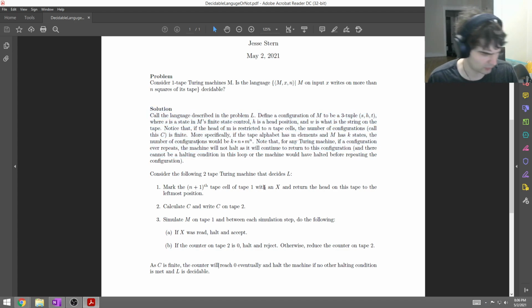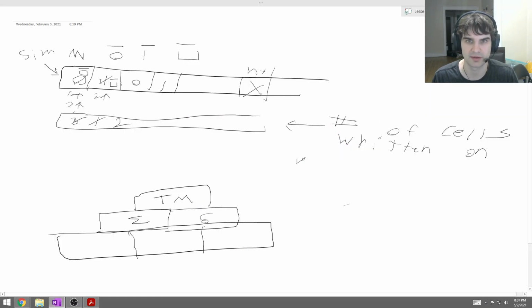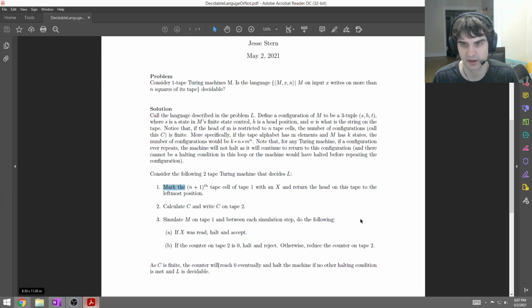But I think there are still some questions up in the air for a lot of students. Like, why do I need to describe in such detail this concept of marking tape symbols as already written on? A lot of students lost credit for saying things like, if you write on more than n plus 1 cells of tape, halt and accept. Or they even did implement a counter.